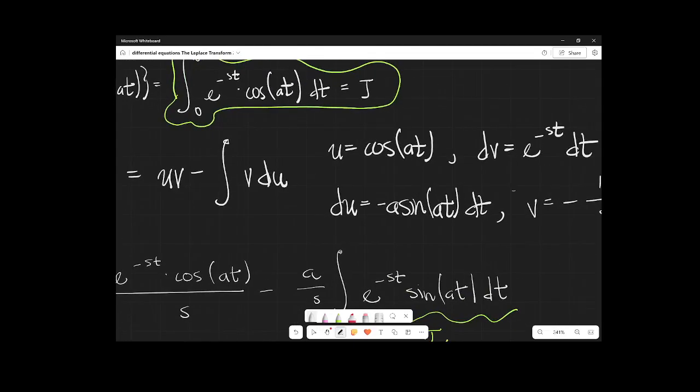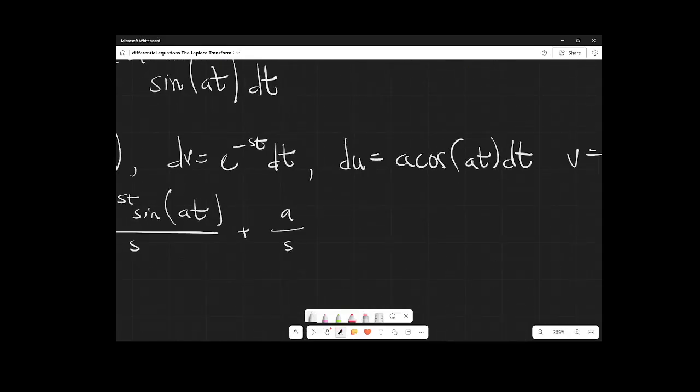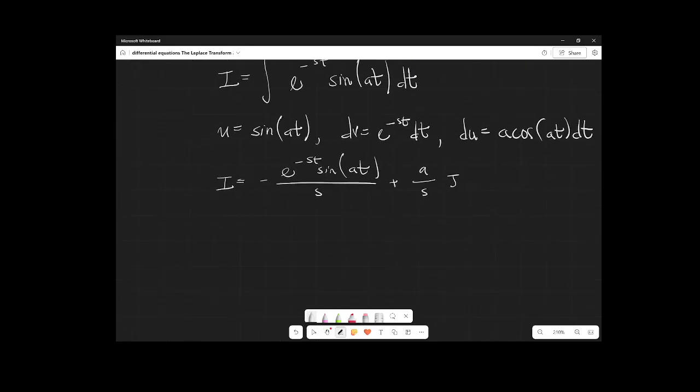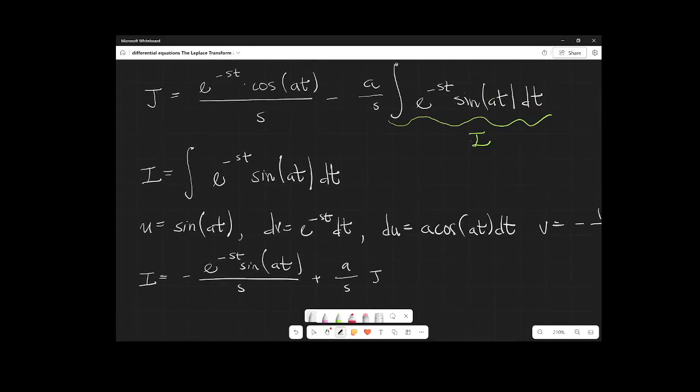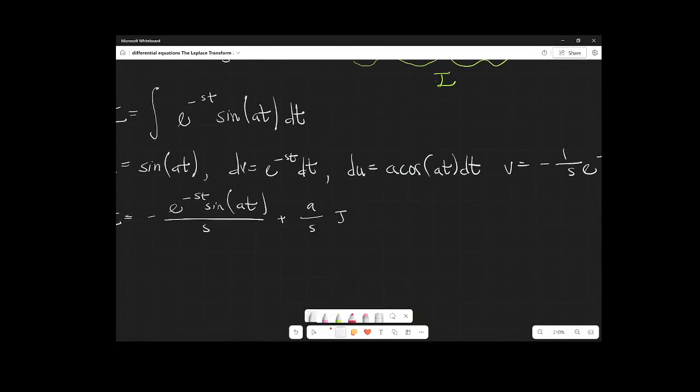Remember j is e to the negative cosine a of t integral. So that's what I'm going to substitute back in right now. Sorry, j is the cosine one, right? Yes, that's correct.